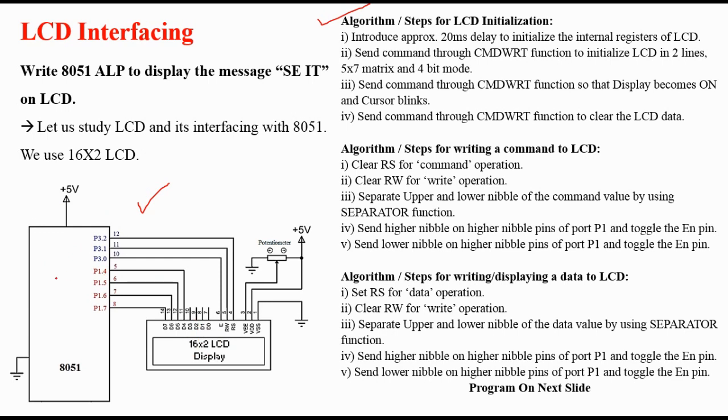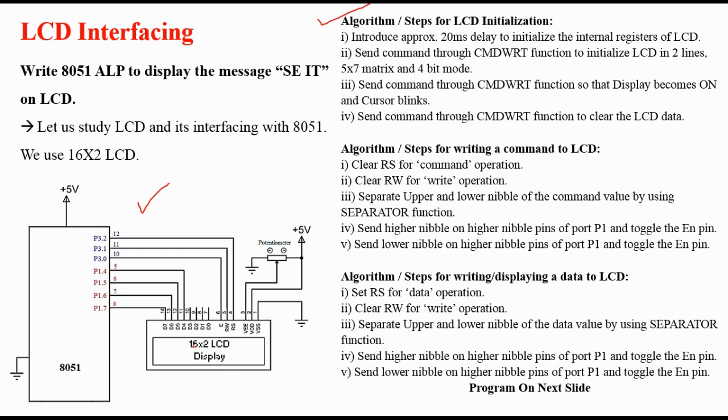At the very beginning, as soon as the microcontroller starts, if you give some commands to the LCD, it will not receive those commands, because the LCD takes some time to become on. So for that purpose, at the very beginning we give some delay.